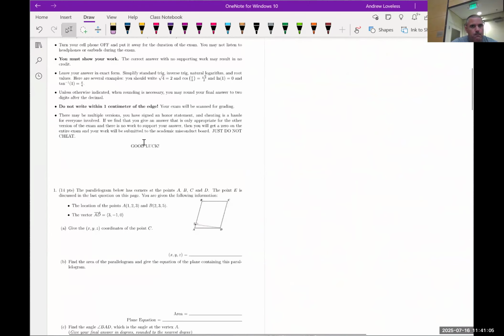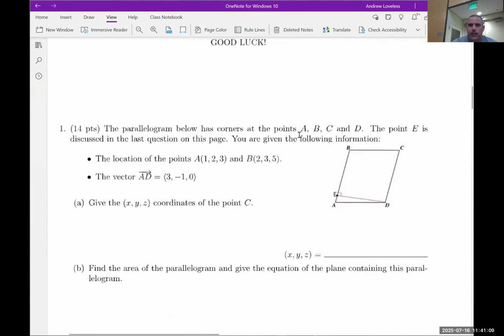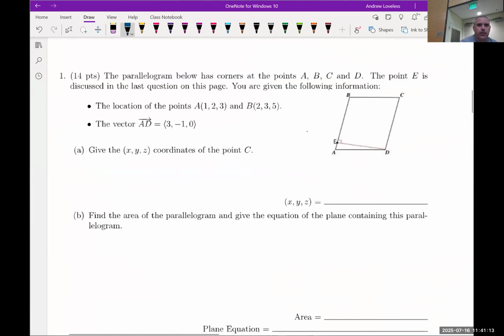Question 1. Parts of this came up in our review yesterday, but maybe not this part. Sometimes giving you a parallelogram or a triangle in 3D allows for lots of vector questions.